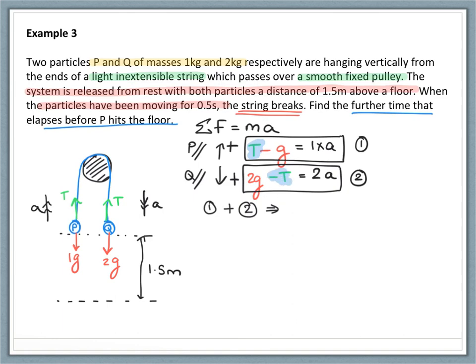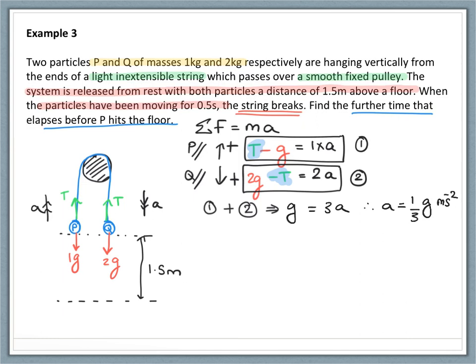This will allow us to eliminate one variable, in this case T, and find the acceleration. So we have g is equal to 3a, so a is equal to 1/3 of g. And I'm going to leave that in its exact form for the moment.